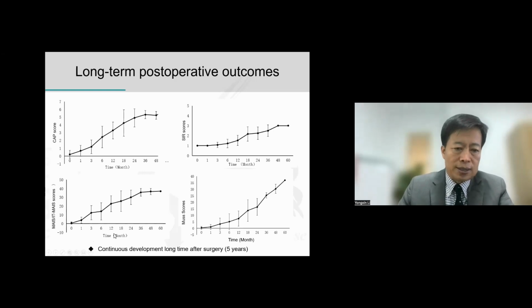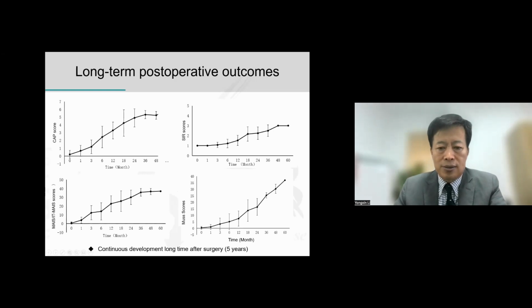And this is the MAIS. And you can see here, also after surgery, 1 month, 3 months, 6 months, and 6 years, almost 50. So for these MUSS, you can see 1 month, 3 months, 6 months, 48 months, 60 months, almost like this.